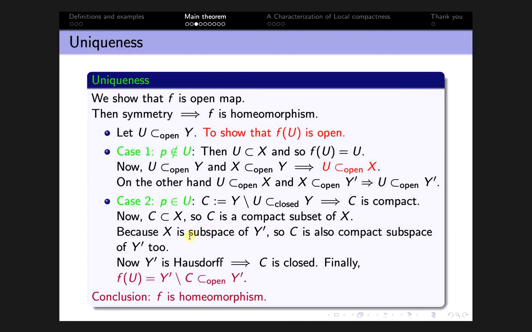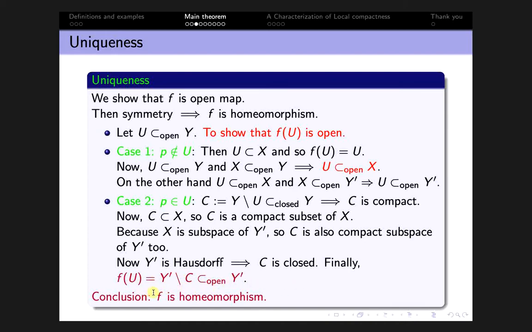And Y prime is Hausdorff, so C is closed. And what is C complement in Y prime? That is exactly f of U. F of U equals Y prime minus C, and C is closed in Y prime, therefore the complement of C in Y prime is open, therefore f of U is open.